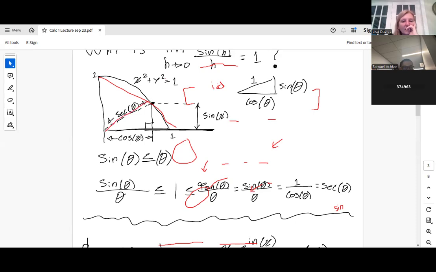And so if cosine of x is your x-axis, and sine of x is your y-axis, then secant is going to be cos over sine. No, that's reciprocal of tan. It's going to be 1 over cos, which is secant.